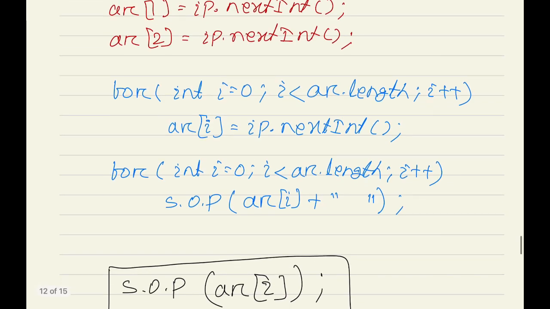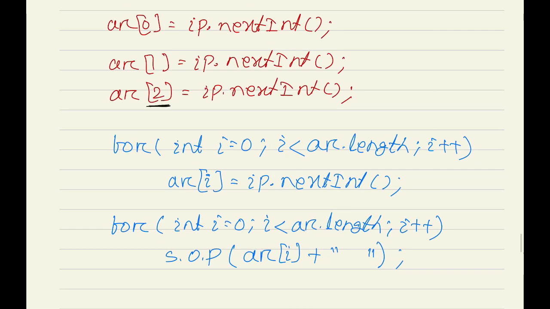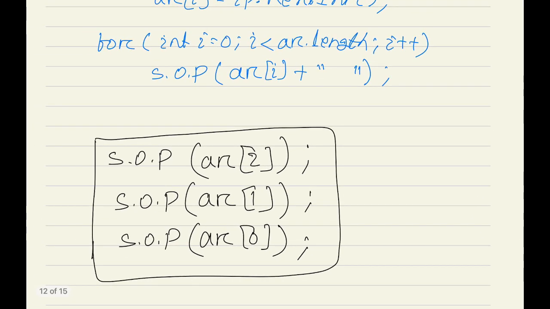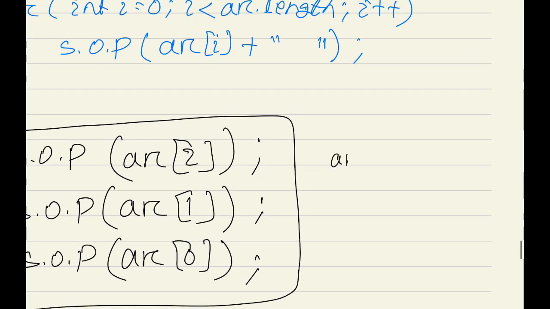So here we are starting from 2. So what is 2 in terms of array length? So this 2 is equal to ar.length minus 1. So this is the highest index.